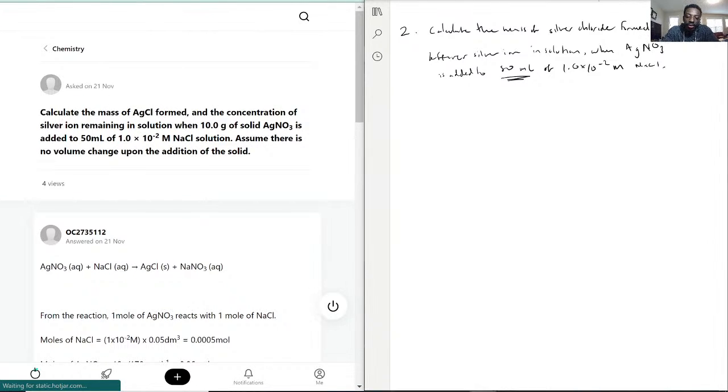So we have AgNO3 plus a salt solution, NaCl, and that would be NaNO3 plus AgCl. Oops, this will be solid.